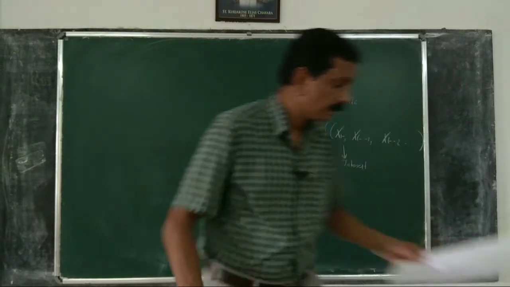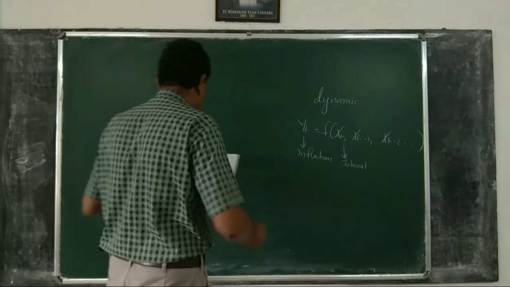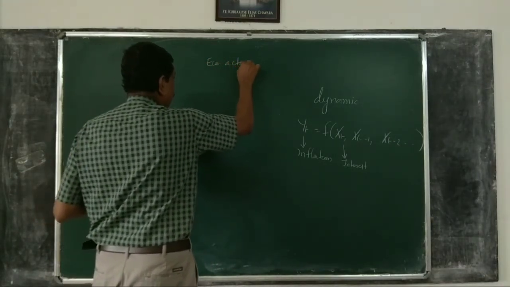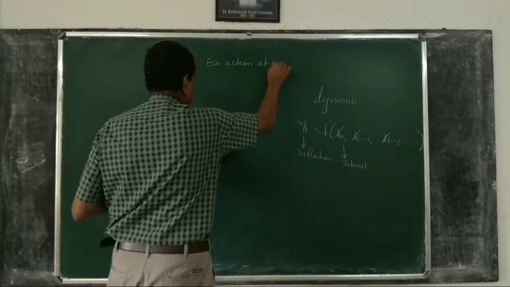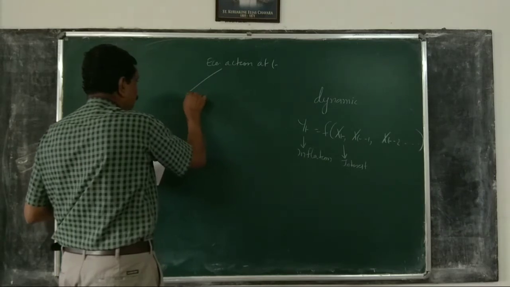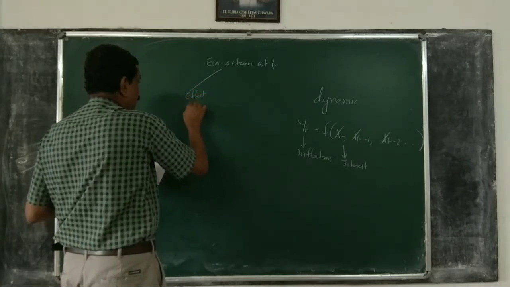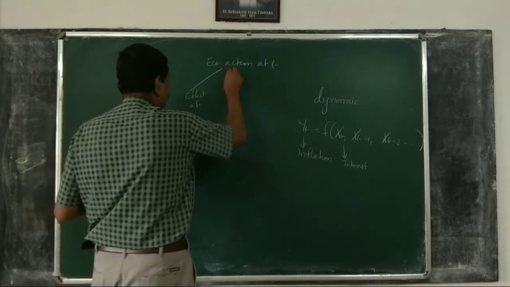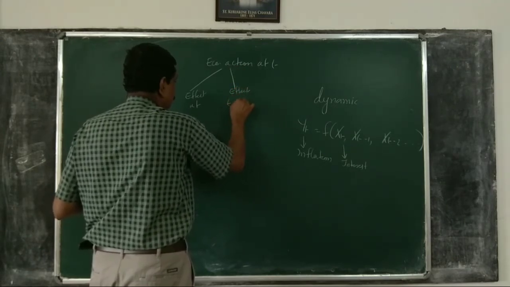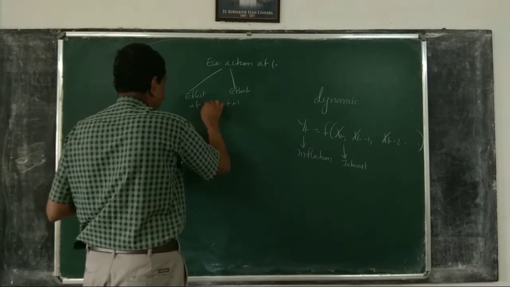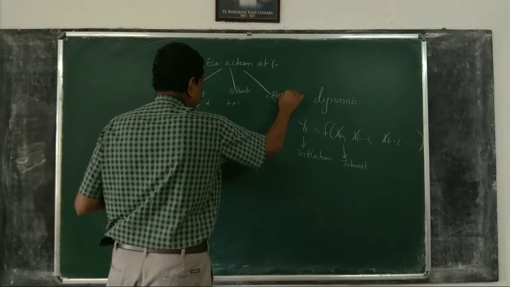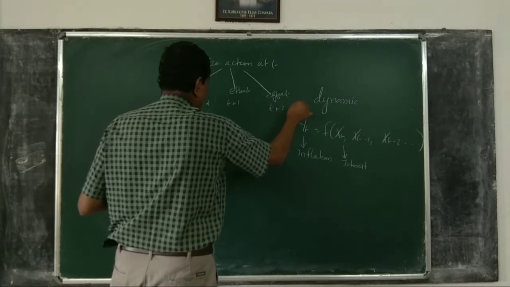For example, we can say an economic action at time period t will have effects at t, effect at t plus 1, then effect at t plus 2, etc.